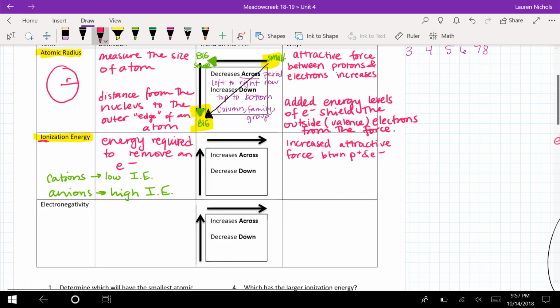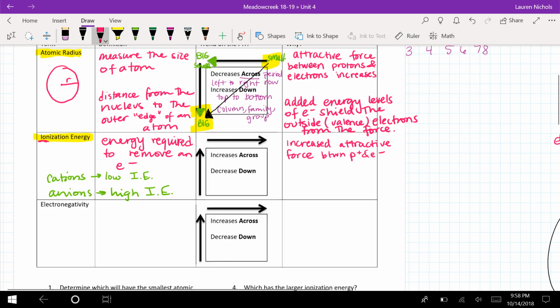For example, if I have a piece of yarn connecting two things, and I compare that to a piece of steel connecting two things, it's going to require a different amount of energy to separate those two things because of the increased force that is connecting them. And so that's kind of what ionization energy is doing there. And it's all about location. And so that comes into play a lot with the trend.